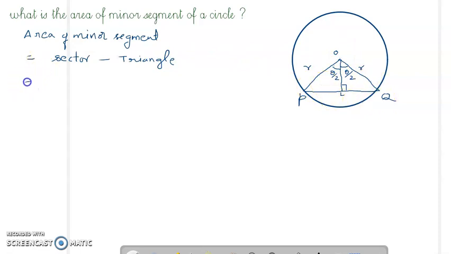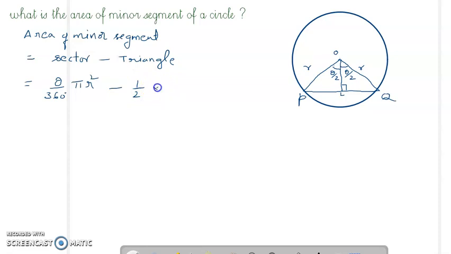So what is the formula for area of the sector? That is nothing but theta by 360 degrees into pi r square. So this is the area of the sector, we know very well, minus the area of triangle OPQ. That is half base into height.